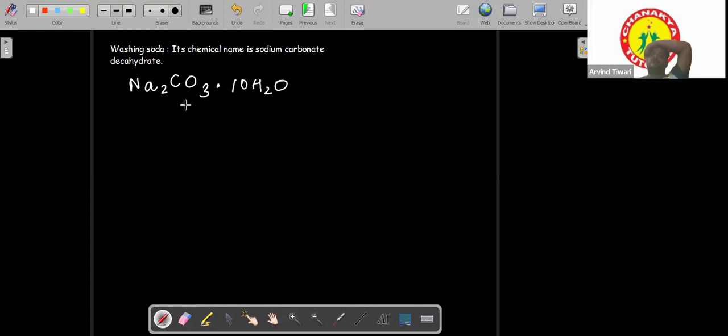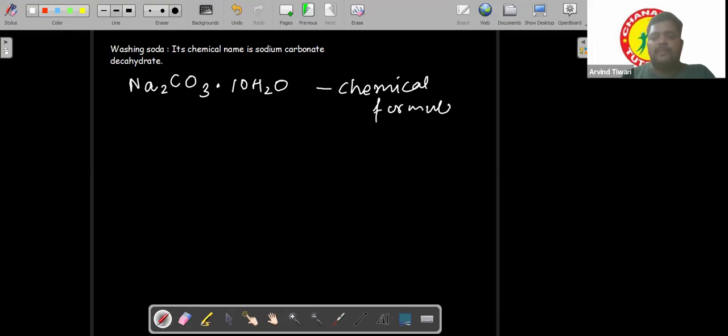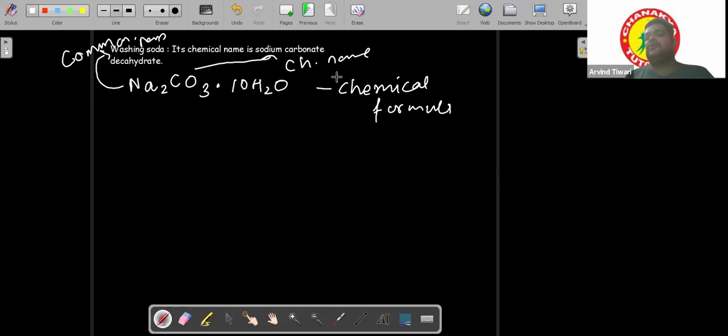Its common name is washing soda. See, when I say chemical formula, this is the chemical formula. This is the chemical name, sodium carbonate decahydrate, and this is the common name, washing soda. That's the common name, and this is the formula.